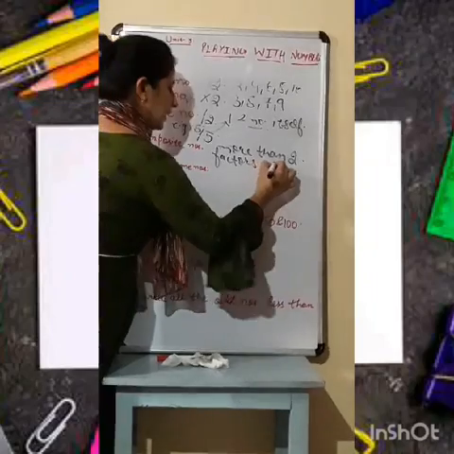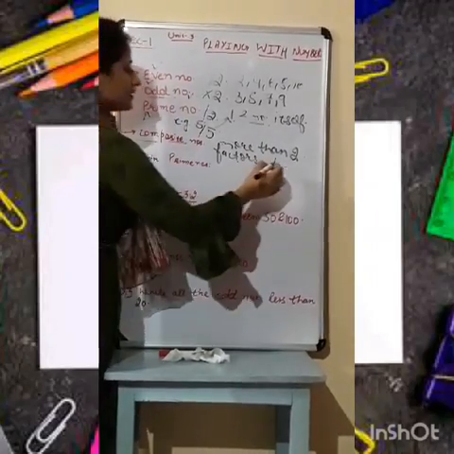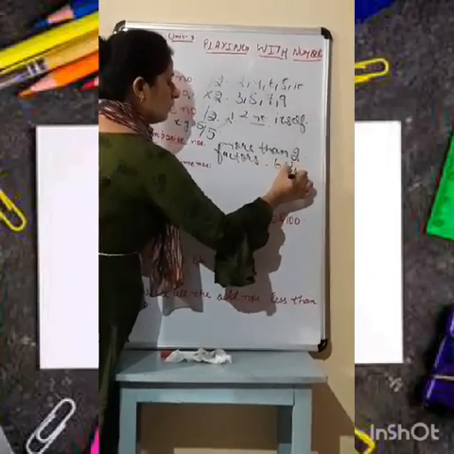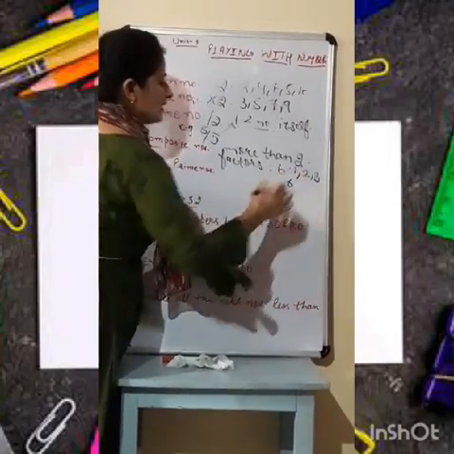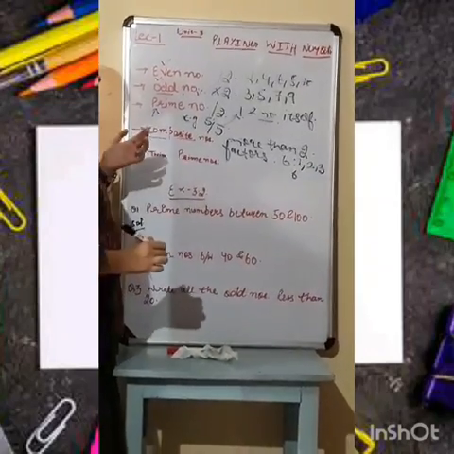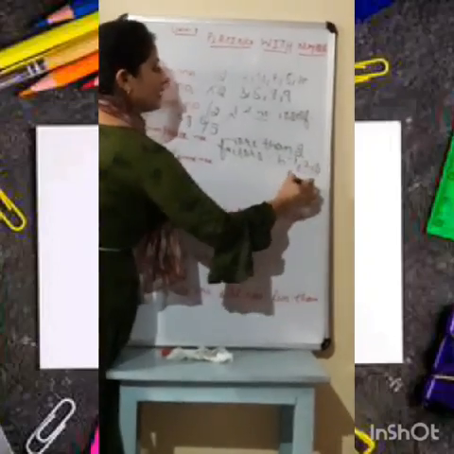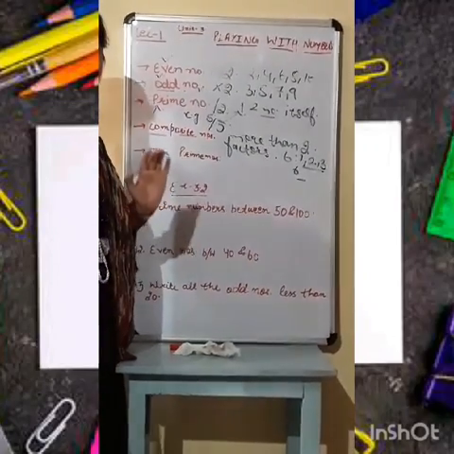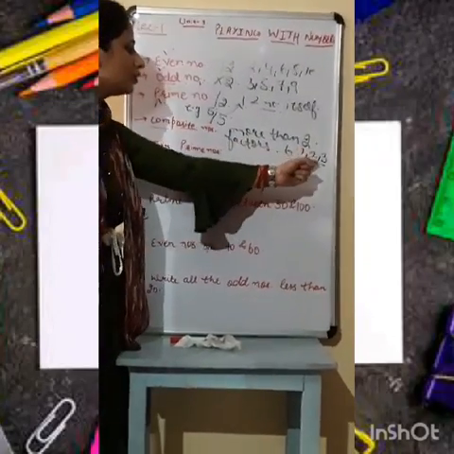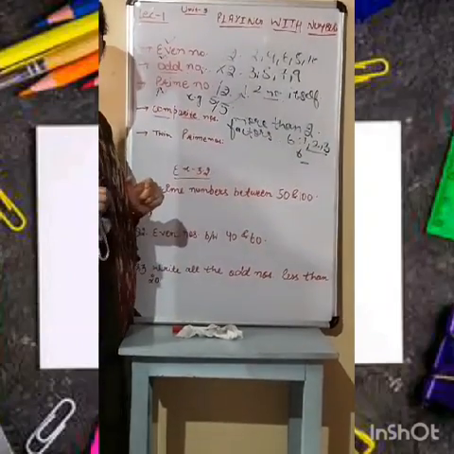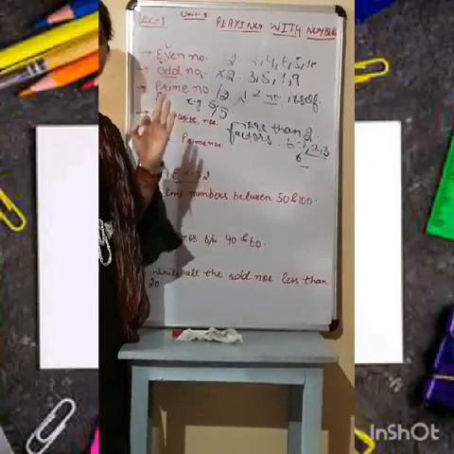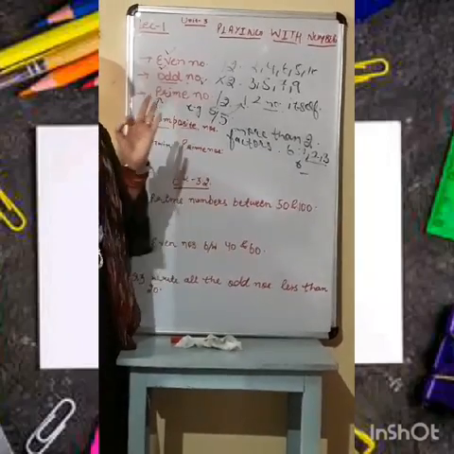Like suppose if we take an example of 6. 6 also comes in the table of 1, 2, 3 and 6. So 6 has how many factors? 6 has 4 factors. First is 1, 2, 3 and 6. So what are composite numbers, beta? Composite numbers are those numbers which have more than 2 factors.